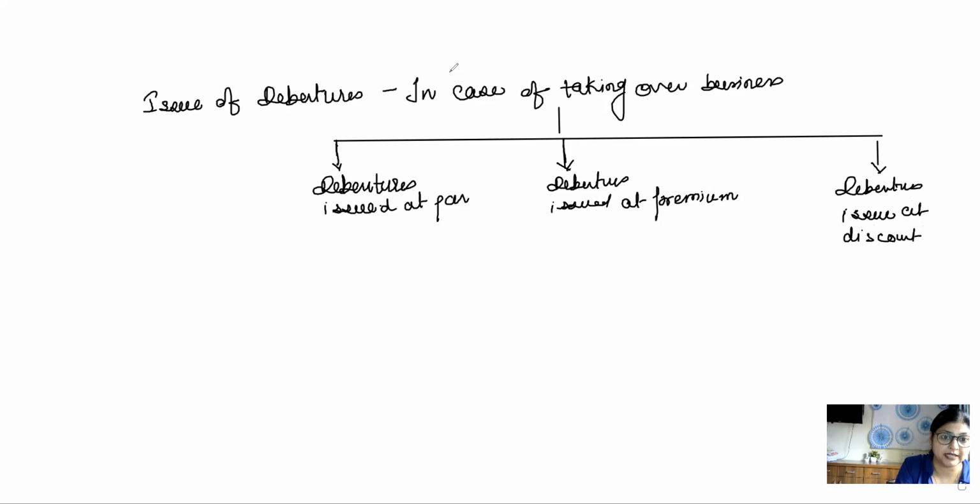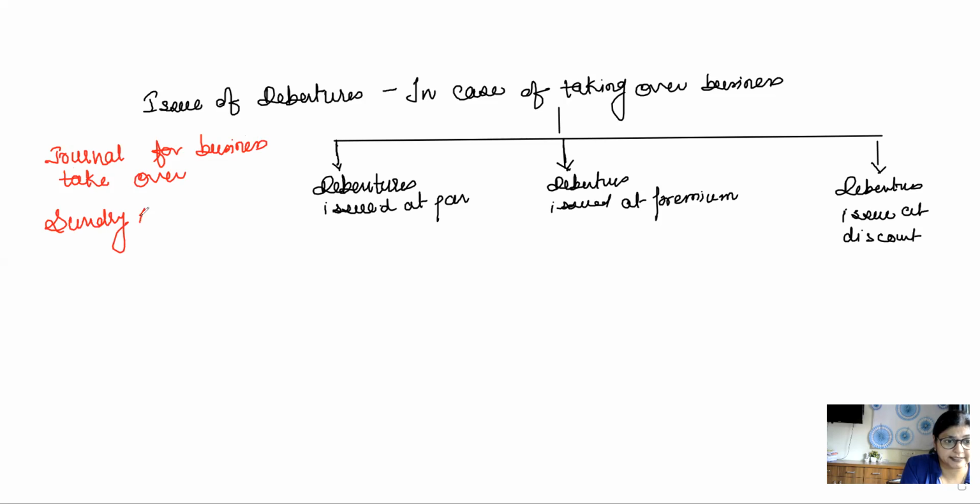So first I will pass the common entry, journal entry for business takeover. So you will write in debit all the assets.